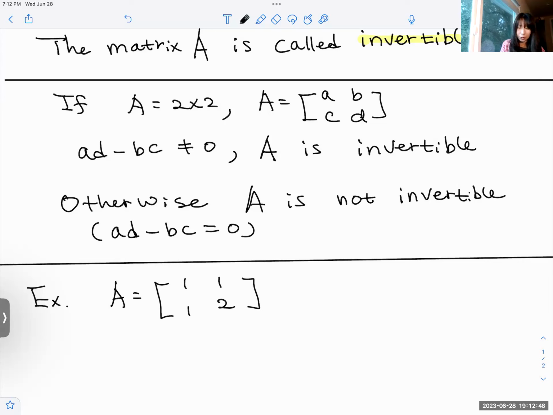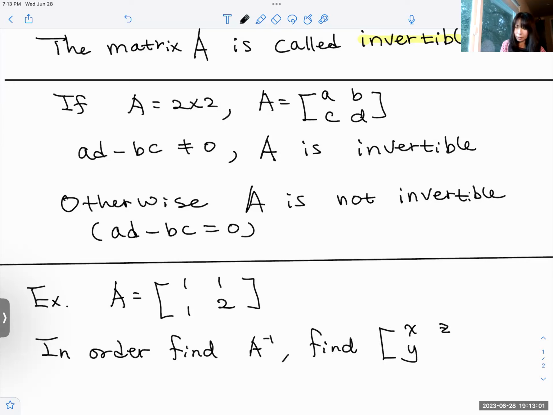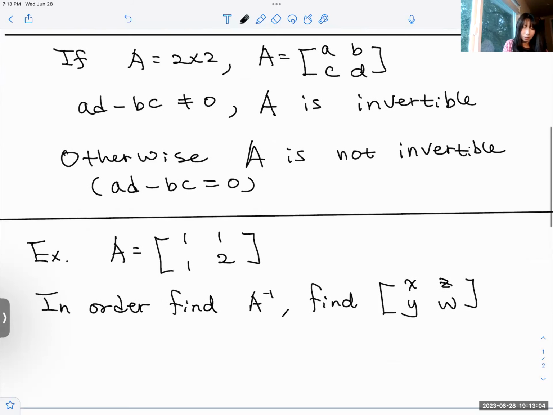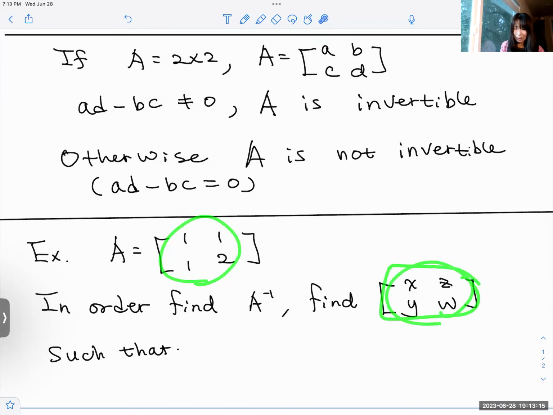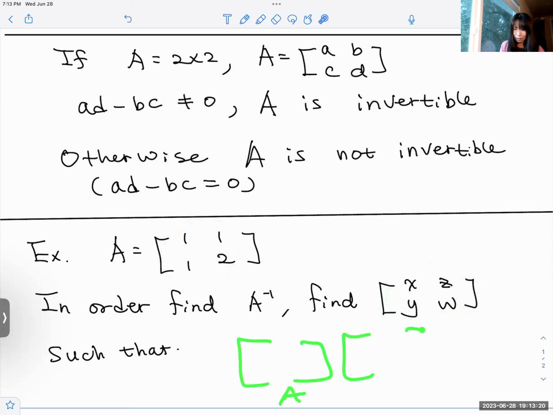In order to find the inverse of A, we find X, Y, Z, W such that, if that is the inverse, then when we multiply A and the inverse, we get the identity, right? So I'm going to write it down.